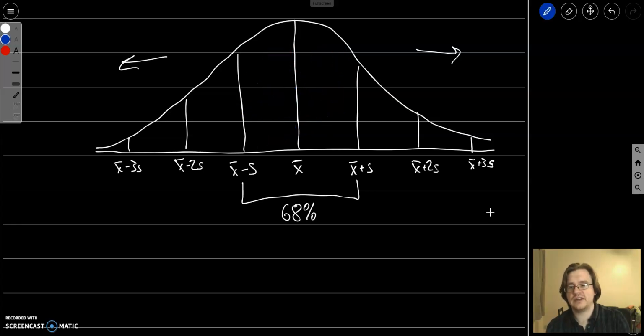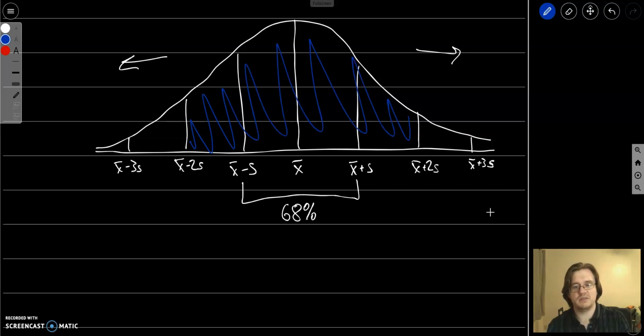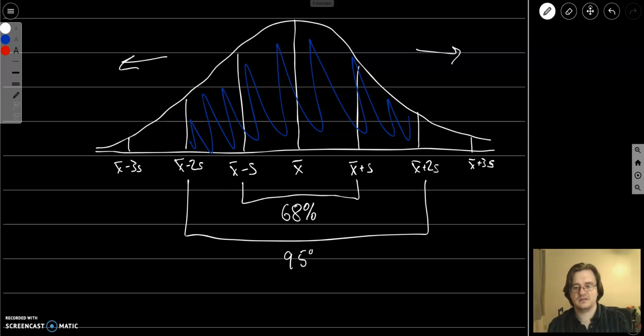Between 2 standard deviations below the mean to 2 standard deviations above the mean, 95% of the data will be here.